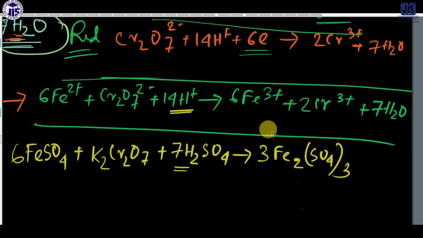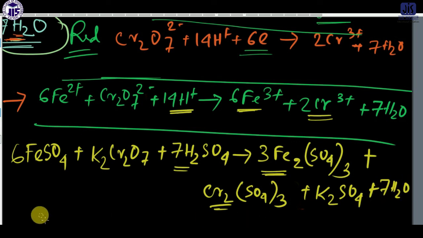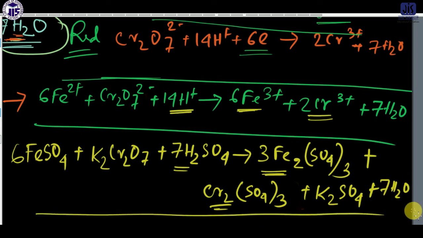Here look, 6 Fe3+, so that's why 3 into 2 equals 6. Then Cr2(SO4)3, same case, 2 here, so that's why Cr2(SO4)3, plus K2SO4 was there, plus 7H2O. So in this way you have to balance the reaction, and this is called the ion electron method.